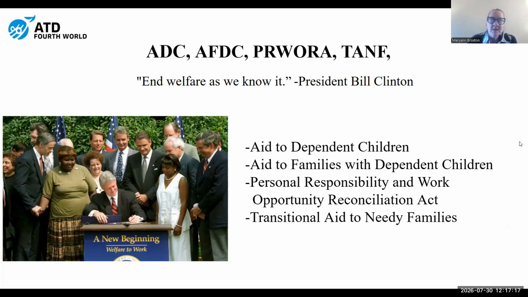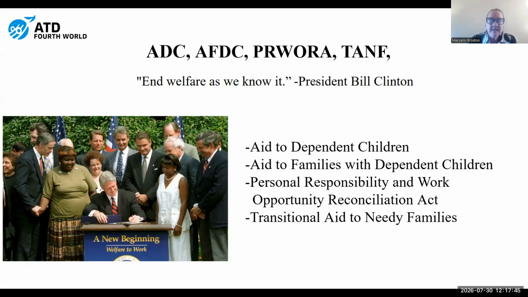In 1994, 9.6 million children and 4.6 million adults received cash assistance through AFDC. The popular belief at the time was that AFDC created dependency, dissuaded work and two-parent families, and was costing too much money. As part of his 1992 presidential campaign, Bill Clinton promised to end welfare as we know it.